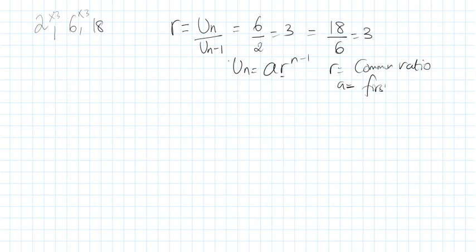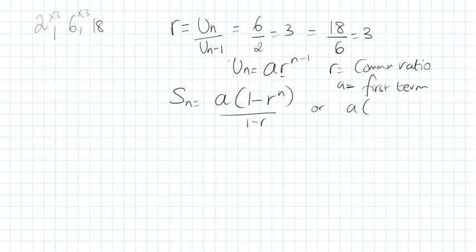And just like for the arithmetic progression, you can find the sum Sn, the sum of the first n terms. It's a(1 - r^n) over 1 - r, or a(r^n - 1) divided by r - 1. So here your r is less than 1 when using this formula. Here the r is more than 1.